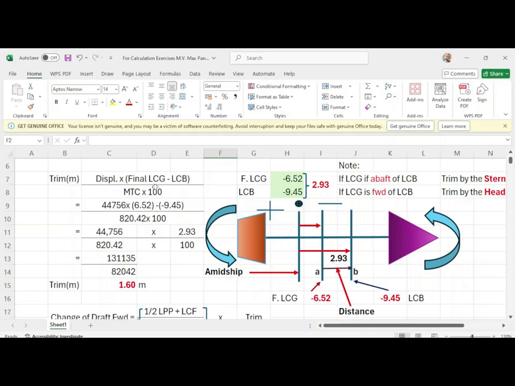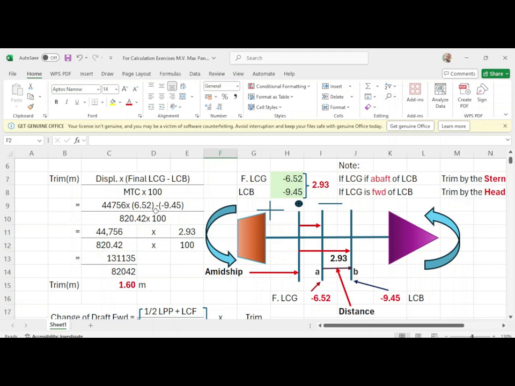What is your LCG? It is negative 6.52, and your LCB is negative 9.45. So subtract 6.52 from 9.45, then your distance is 2.93.